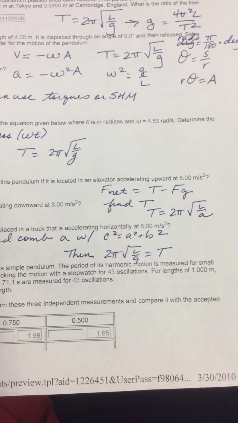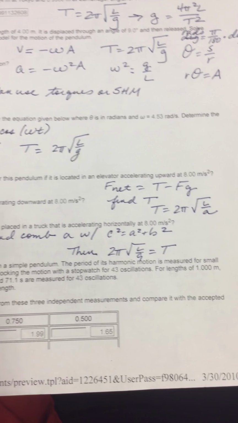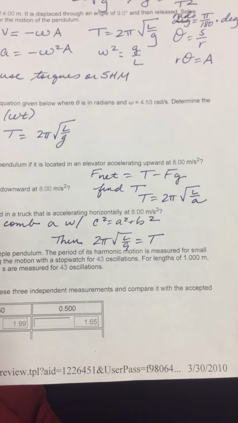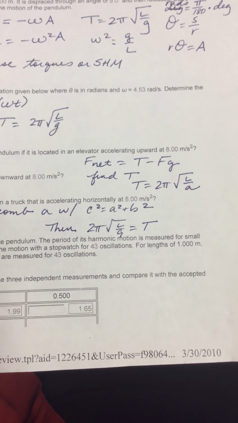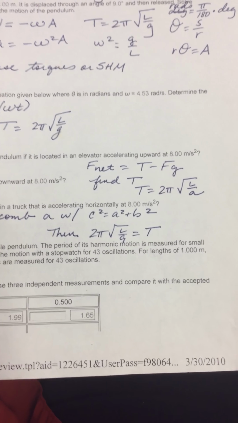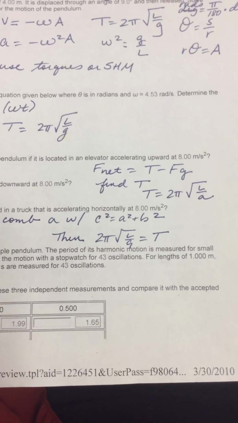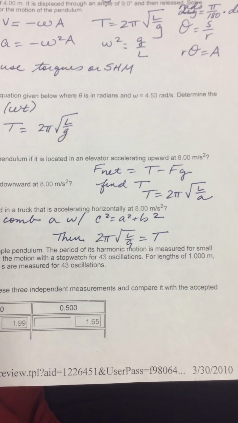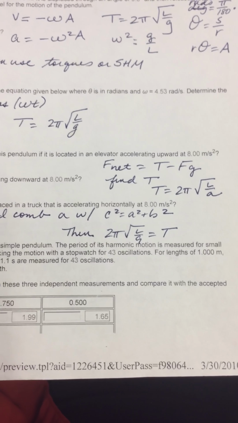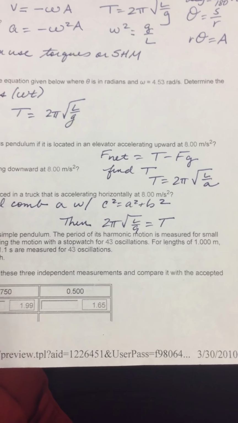So you're going to need to again find the real acceleration. When you're going horizontally, remember you've got two accelerations, one in the x plane and one in the y. You're going to need to use the Pythagorean theorem to find the resulting acceleration, and you can use that to find the period. Do keep that in mind.